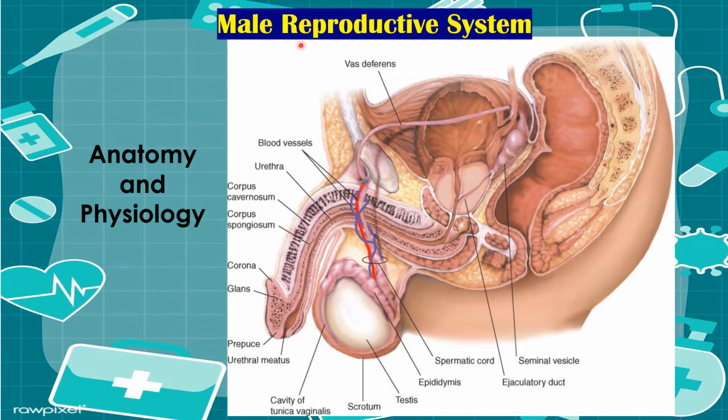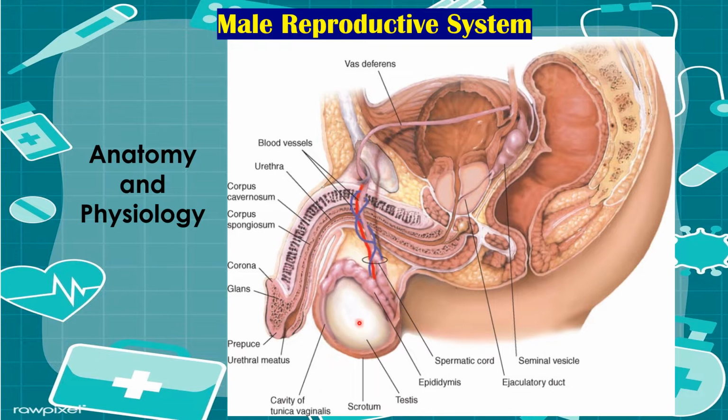The testes are paired ovoid glands consisting primarily of seminiferous tubules and interstitial tissue. They are covered by a fibrous outer coating known as the tunica albuginea.